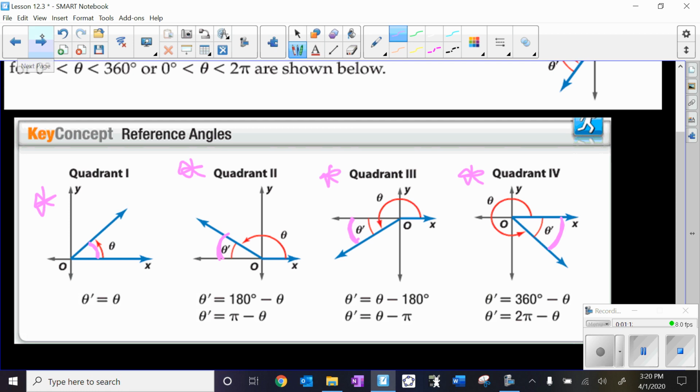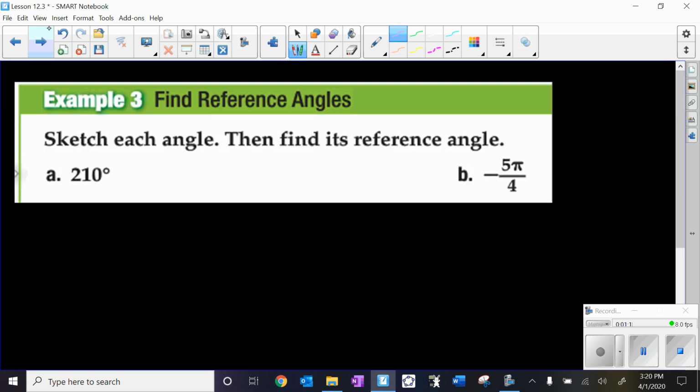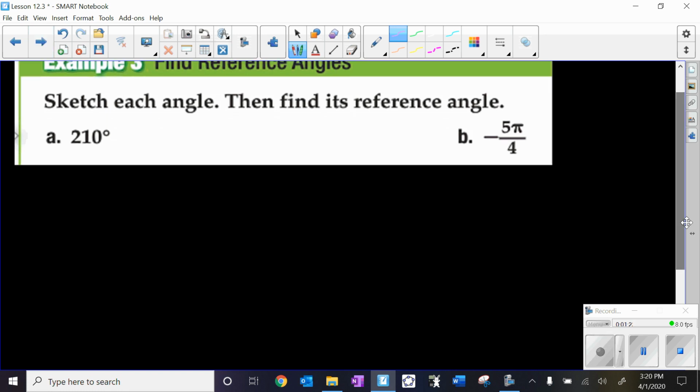So let's try just finding a reference angle for now. In letter A, it wants us to sketch each angle, then find its reference angle. We'll do the one in degrees first, because we understand degrees probably a little bit better. We have 210 degrees.